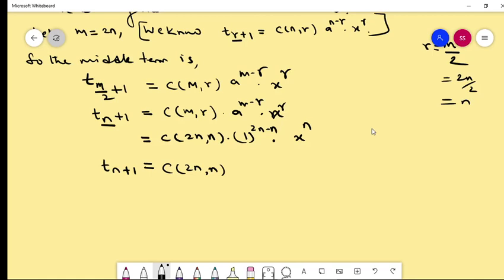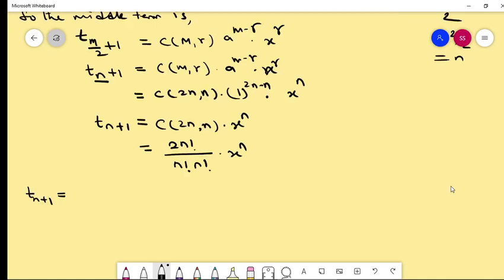Then dear students, T(n+1) equals, now 2n factorial by n factorial we have to expand. 2n factorial is 2n times 2n minus 1, 2n minus 2, up to 4, 3, 2, 1.